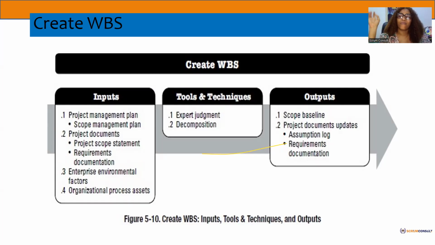So you now have your scope statement that aligns the things that would be covered, right? And you have to bring it in. You have your enterprise environmental factors and your organizational process assets as inputs.